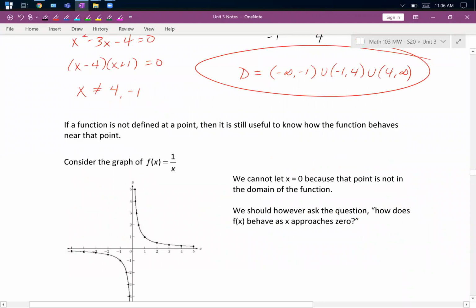We know that this function is undefined when x equals 0, because that's the value of x that makes the denominator equal to 0. Well, when a graph is undefined at a particular x value, we're frequently still interested in what's happening near that undefined x value, what's happening on the left and the right side.